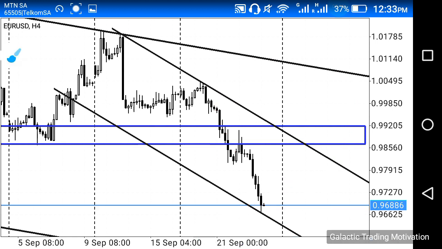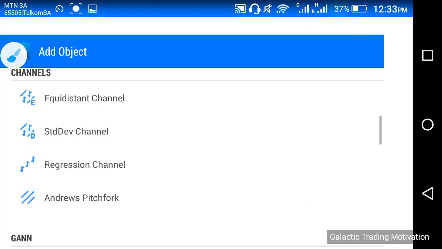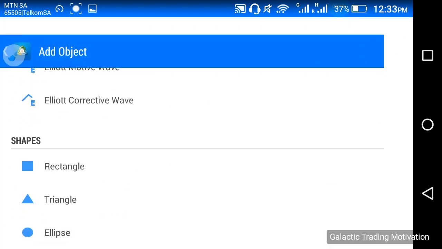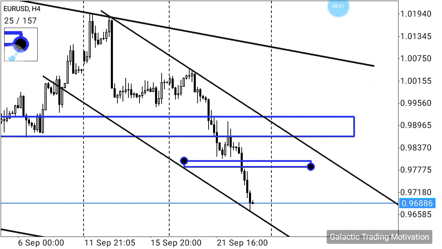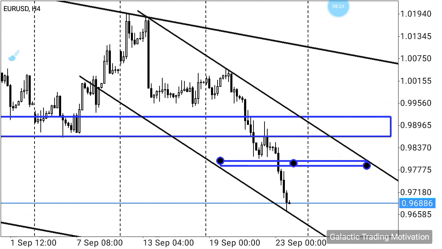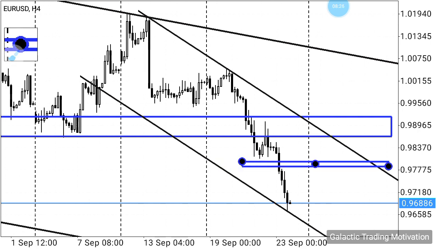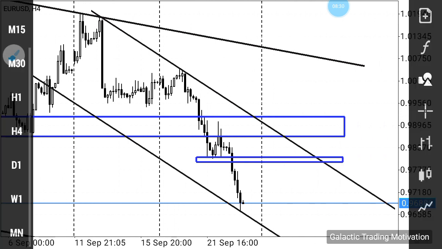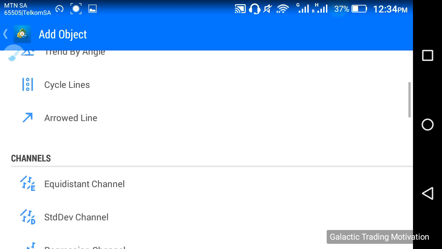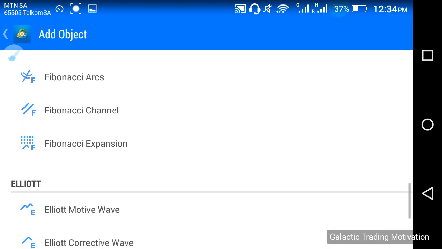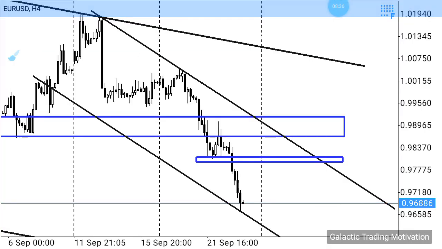Anyway, let's proceed. I'm just going to add a neckline to that smaller W structure as well, or rather M structure, excuse me. There we go, there goes our neckline. And similarly, I'm going to use the Fibonacci retracement tool just to see if the neckline aligns with any of the key numbers that we have on the tool.